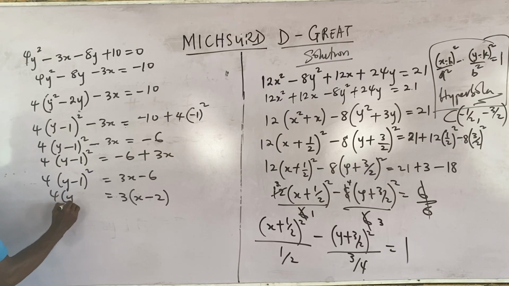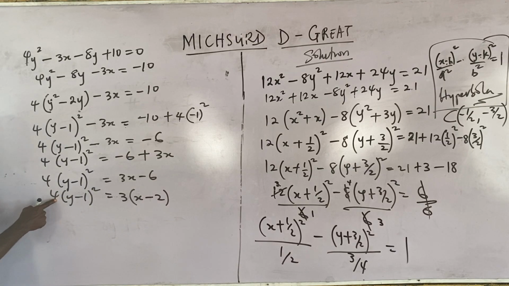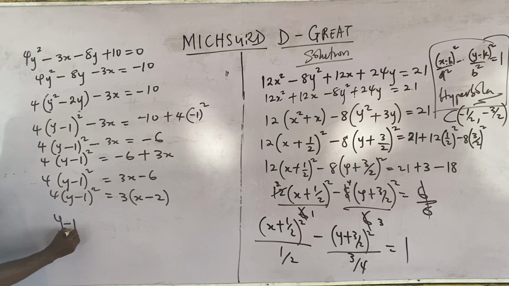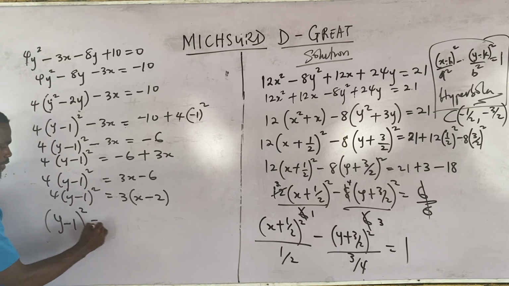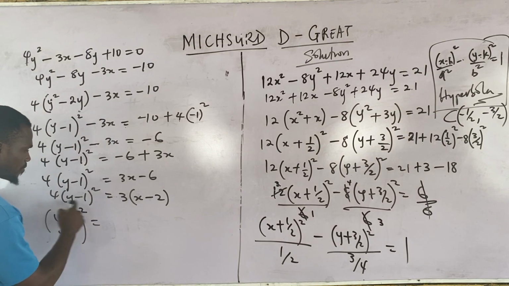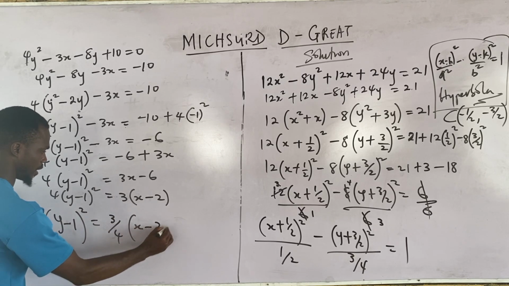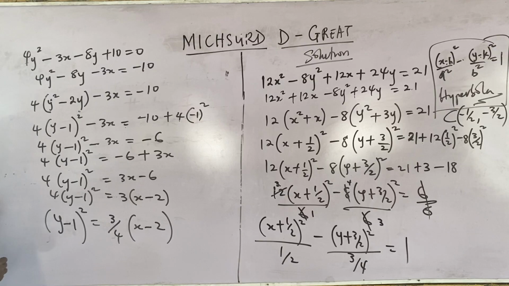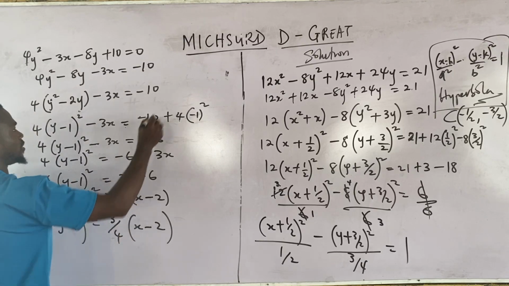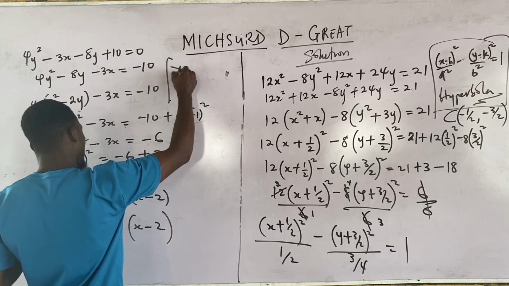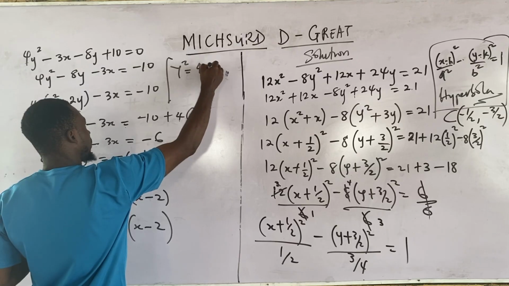And here is 4 times y minus 1 all squared. So I want to divide through by 4, so that I'll have y minus 1 all squared equal to 3 over 4 times x minus 2. So this equation is in the form y squared equal to 4ax.